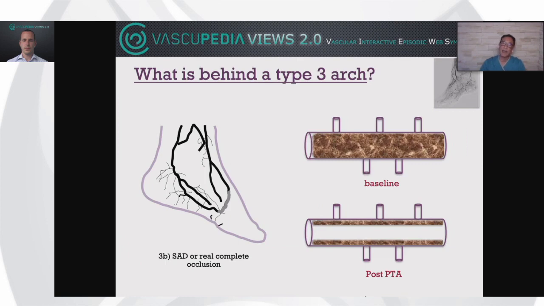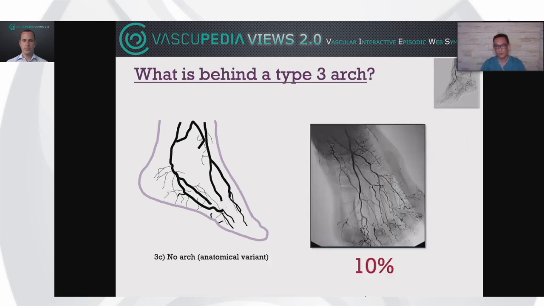A different scenario is a type 3B arch, in which you have an absence of runoff, or a real complete occlusion of the arch. For me, it is quite pointless to perform a recanalization of the arch here, because you will end up having flow into the arch, but in a roundabout situation without increasing the forefoot perfusion.